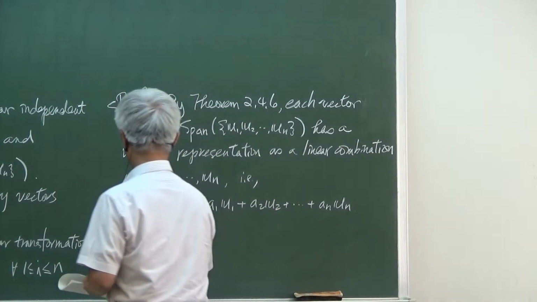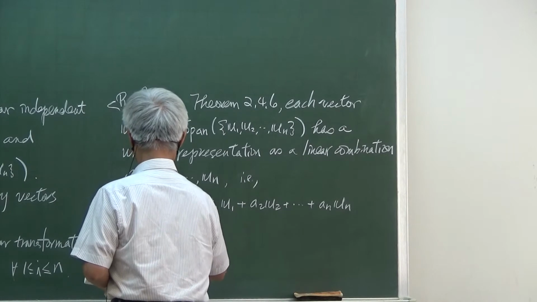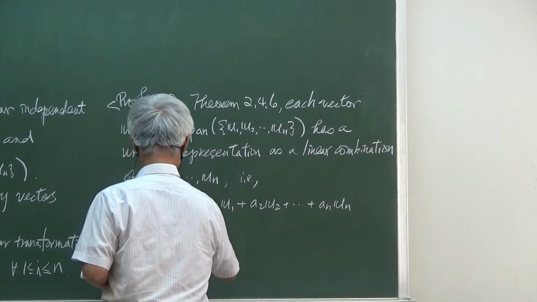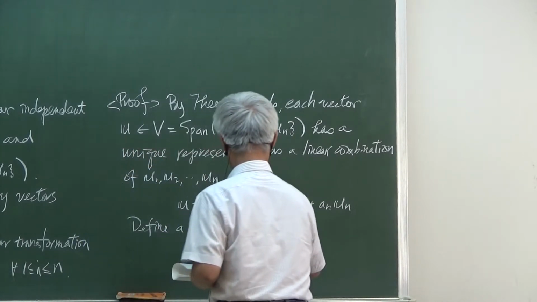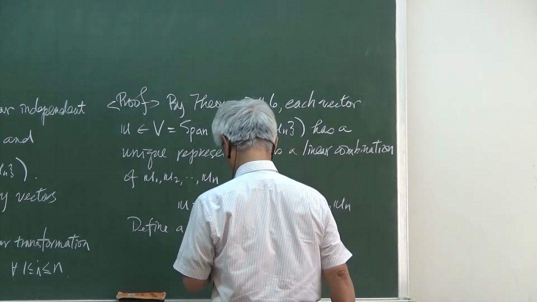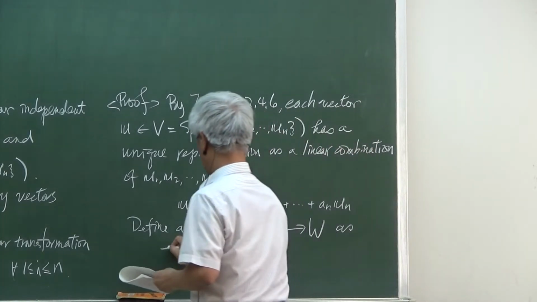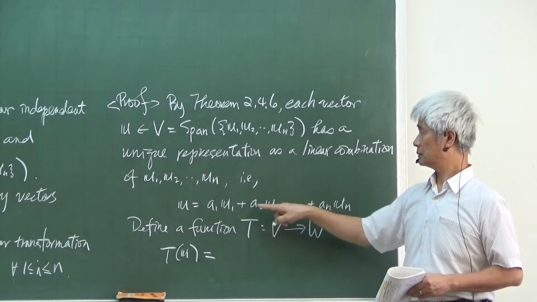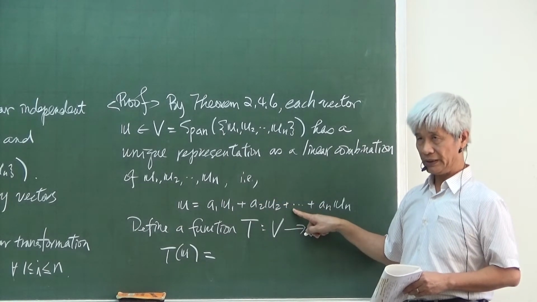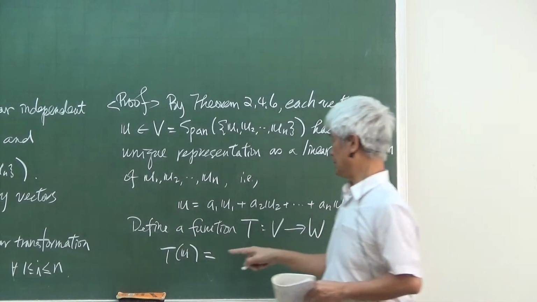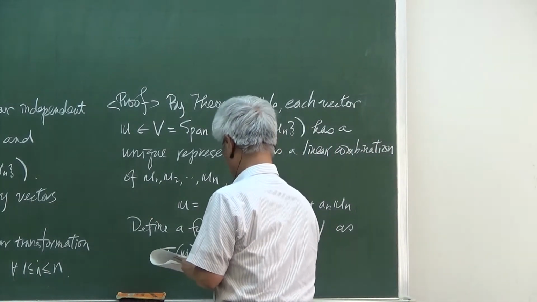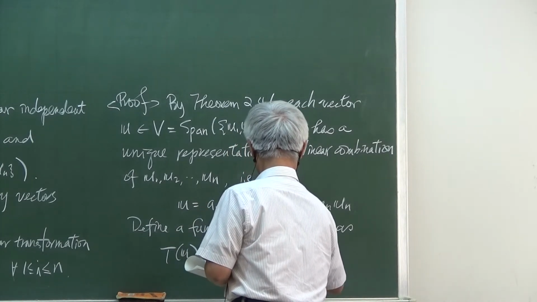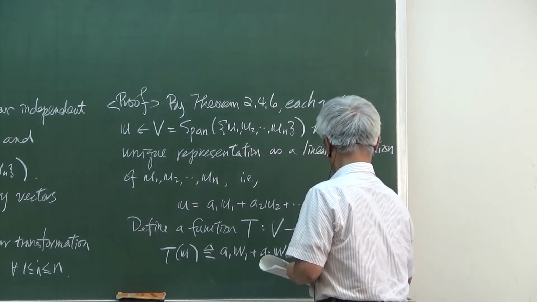And because it's unique, we define a function T from V to W as follows. For each u, when we represent u as a unique linear combination, because this is unique, Tu will be defined to be a1 w1 plus a2 w2 plus up to an wn.